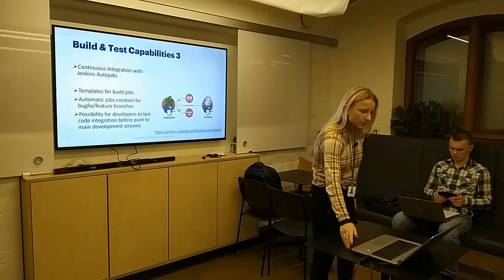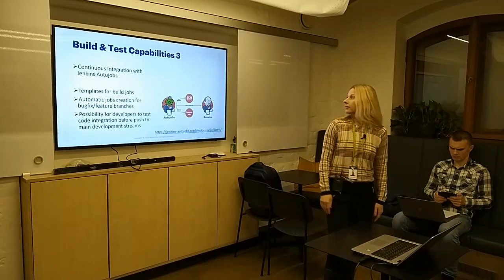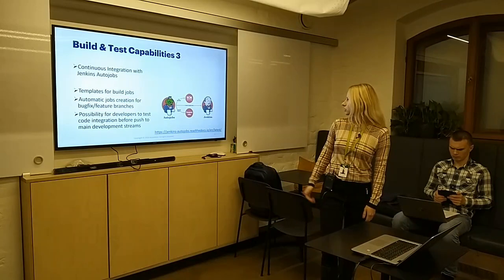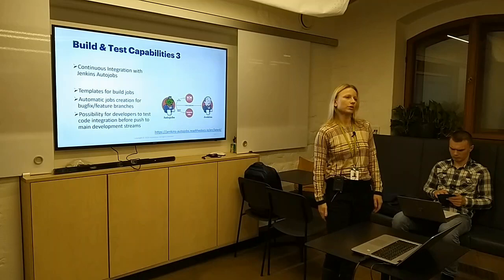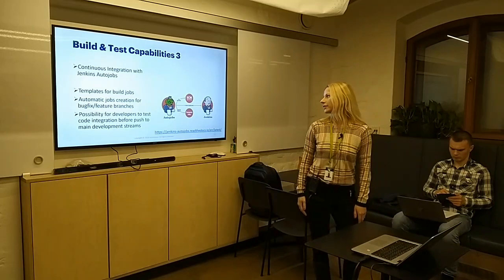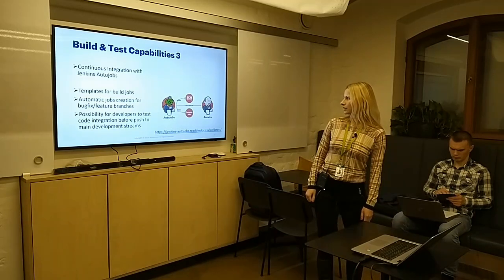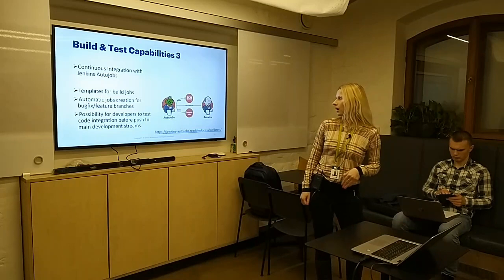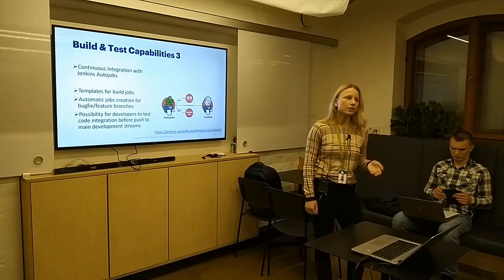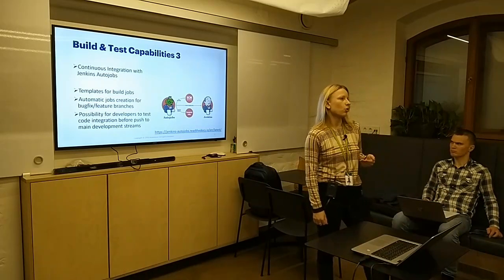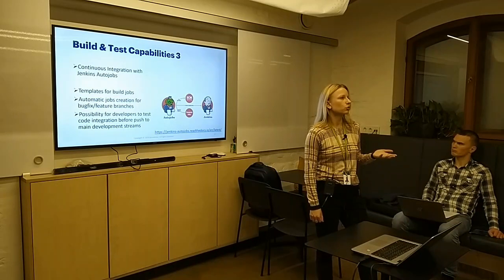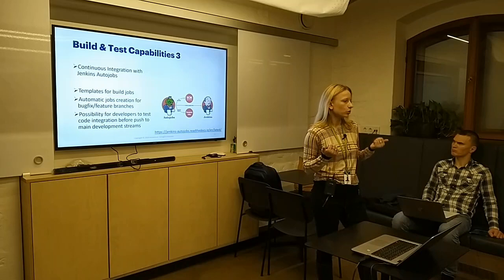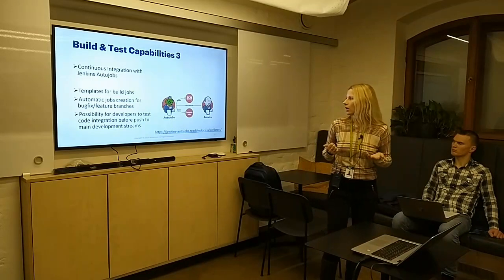And auto jobs. So here is a bit about it. So Jenkins auto jobs documentation is also available on the internet, if you are interested in having it. And so templates, and we use only bug fix and feature branches. So there are YAML files, so basically configuration about from where you would like to get these auto jobs.